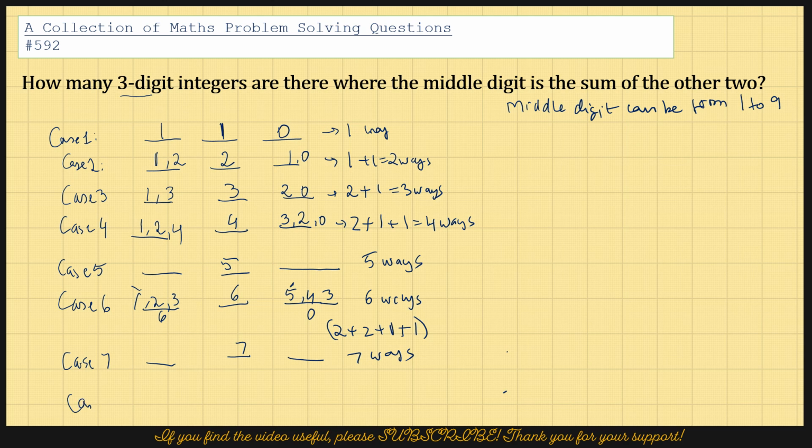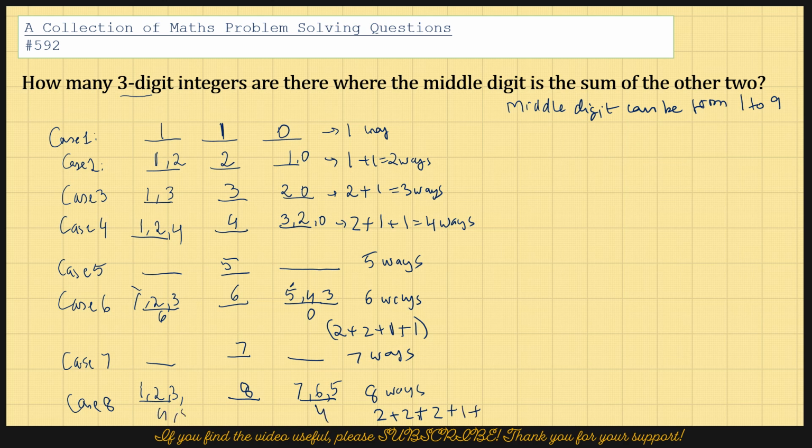Case 8, let's try it out again, it would be a bit long but I want to check. 1 and 7, swap, that's 2 ways, 2 and 6, another 2 ways, 3 and 5, another 2 ways, and 4 and 4, that's 1 way.